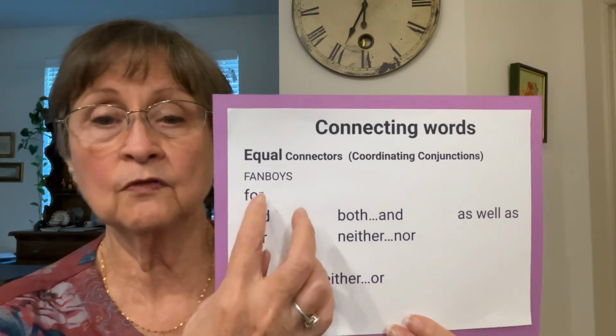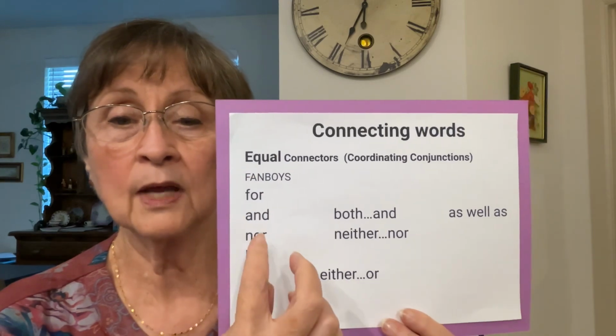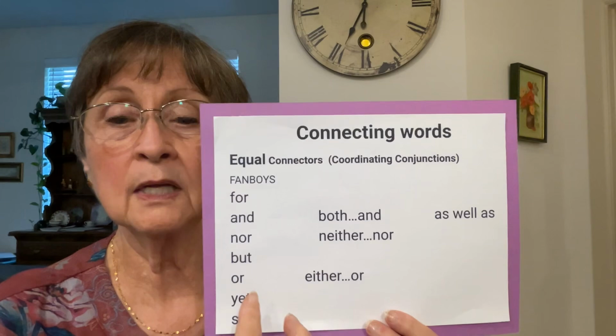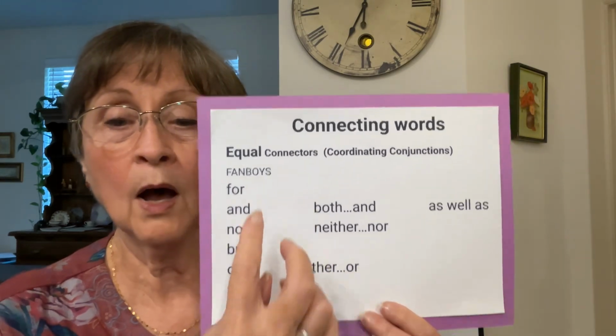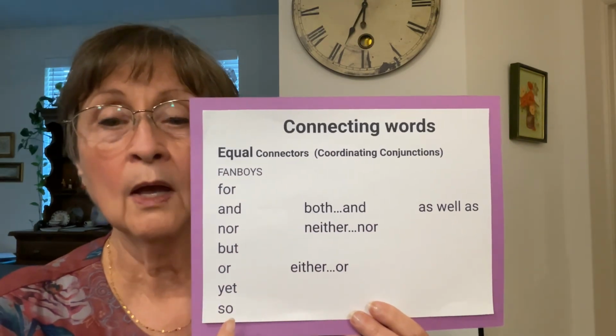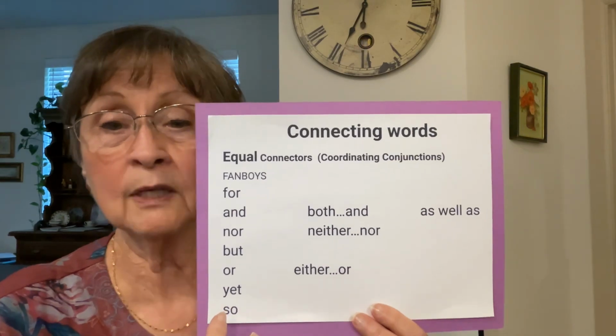So here is fanboys. F is for, A is and, N is nor, B is but, O is or, Y is yet, S is so. Those are the equal connectors.